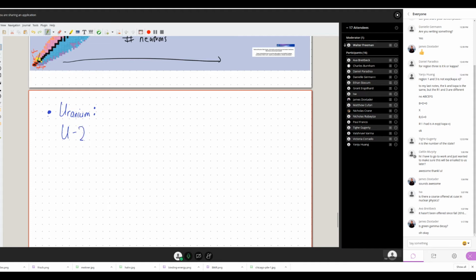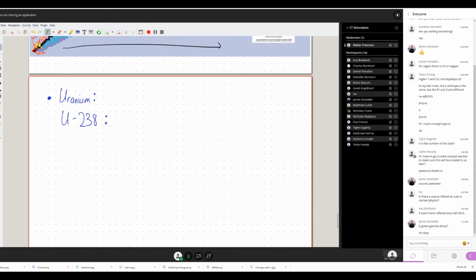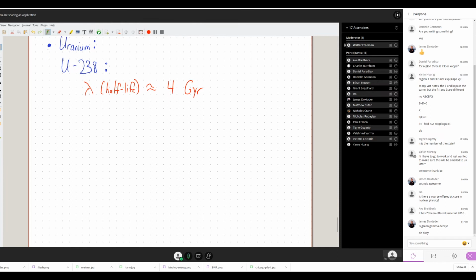Uranium-238, and we're going to make a table of their properties. Its half-life is around 4 billion years. And uranium-235 decays much faster.